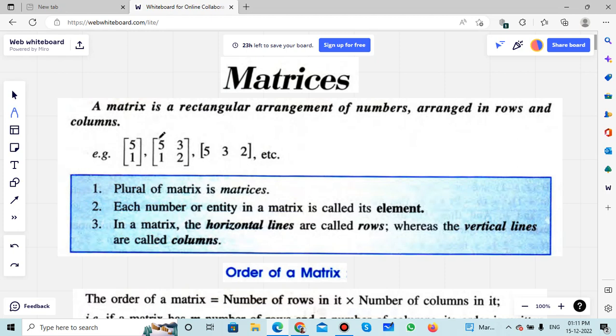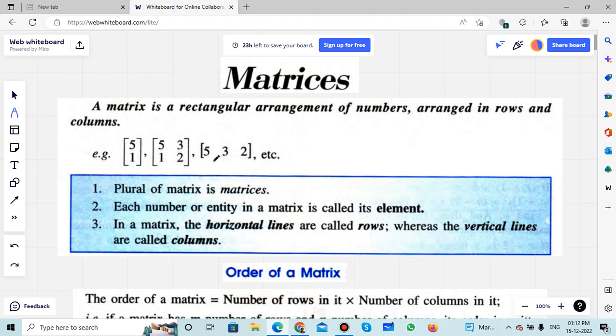It can be in two columns, one column here, another column here. We know that vertical lines are columns and the horizontal lines are called rows. So vertical column, 5 and 1, 3 and 2. Or we can take it in this manner, that is rows, 5 and 3, first row, 1 and 2, second row. First column is 5 and 1, second column is 3 and 2, like that.